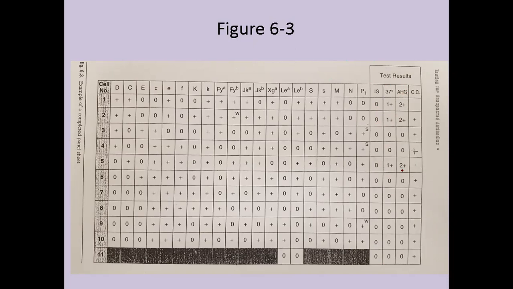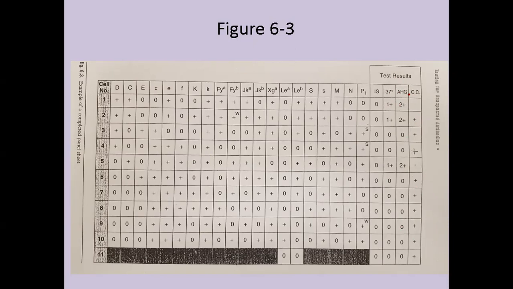This is very typical, because remember, AHG is basically enhancing reactions. So it's very typical if a reaction starts at 37 to see it get stronger in the AHG phase. Some check cells were done on negative reacting cells, and so the test process itself looks fine.